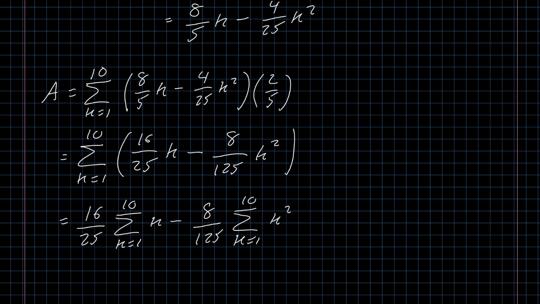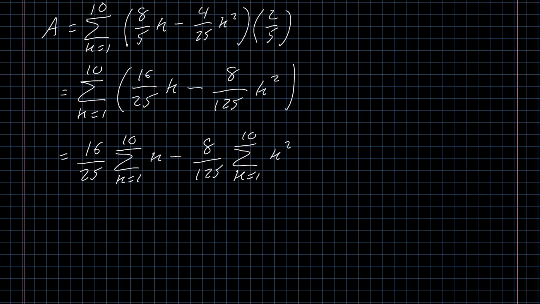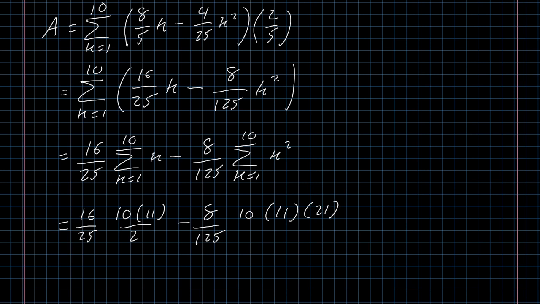N equals 10 is small enough that we probably could have just written this out, but I think it's good practice to get accustomed to using the summation rules. So sum on k is n, 10, times n plus 1, 11, all over 2. Sum on k squared is n, 10, n plus 1, 11, 2n plus 1, 21, all over 6.